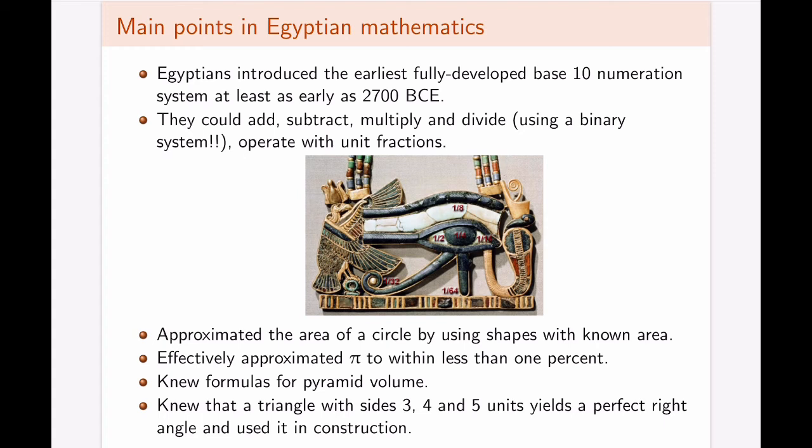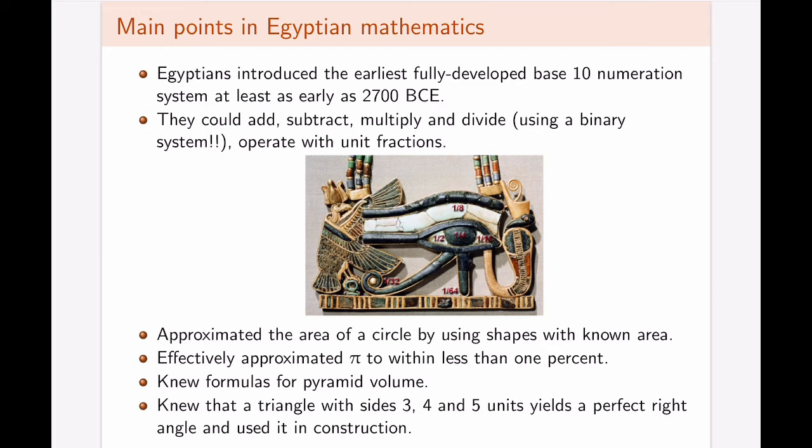And they could operate with unit fractions. In fact, they only operated with unit fractions. Unit fractions were, to them, the sort of molecular level of mathematics. They would break up any fraction into unit fractions, so into fractions of the form 1 over something, and then would operate on those. They had extensive tables to show how those operations would work.